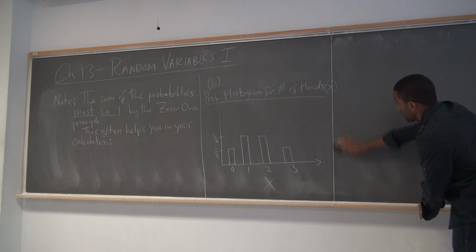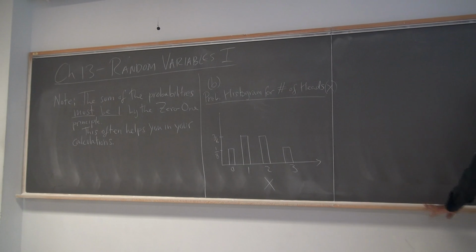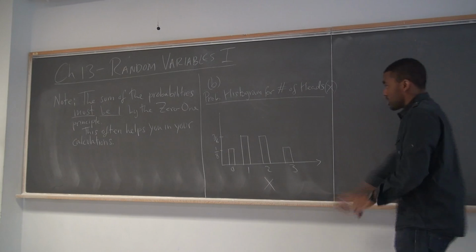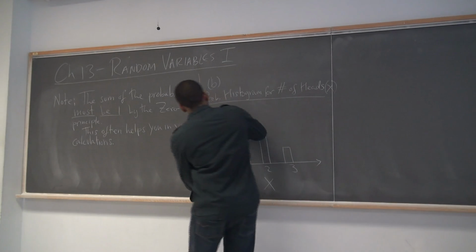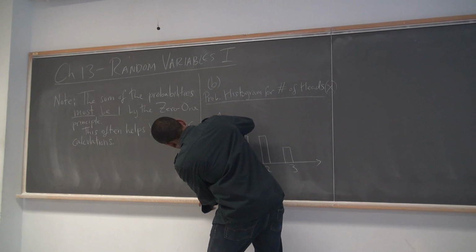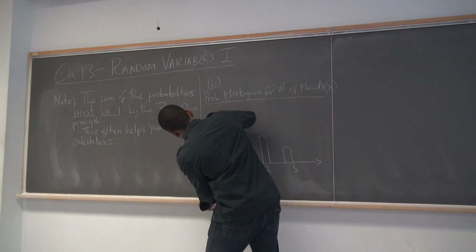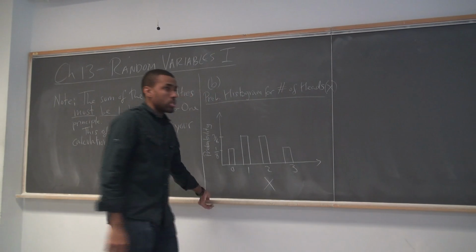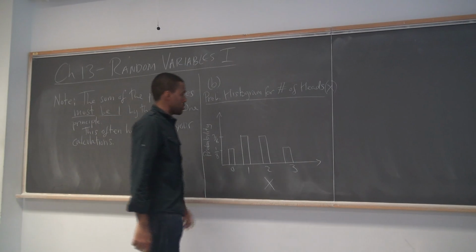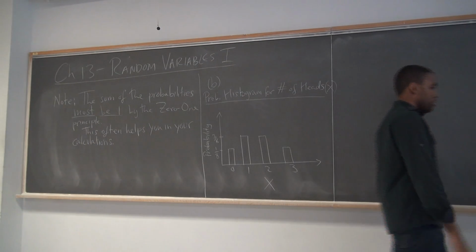That's going to be a big thing when we get to normal distributions. But for this case, that's it. So for a probability distribution, you make a table, list all the possible values, and list the probability of each value. You put these on a histogram, which should be fully labeled, and you get what's called a probability histogram.